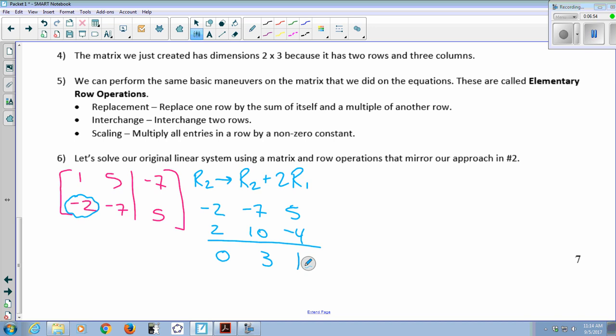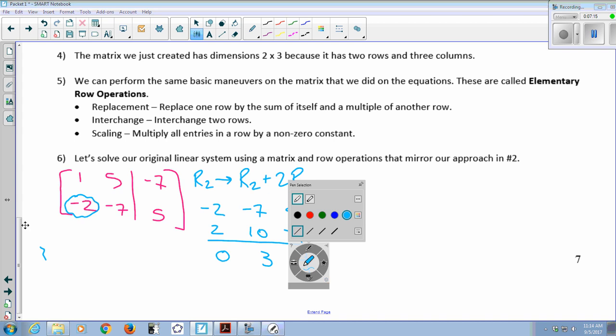Oh, that's supposed to be a 14, sorry. 0, 3, 9.